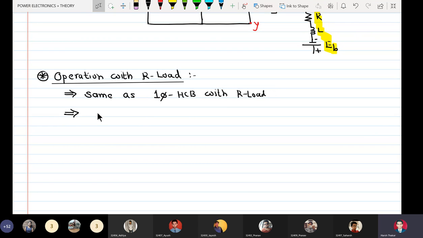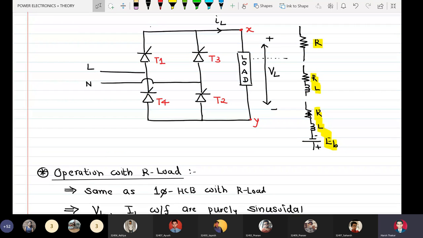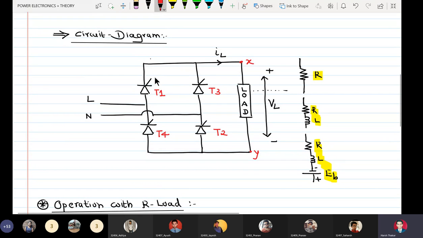Second thing, that VL, IL waveforms are purely sinusoidal, and as we know that in any bridge configuration, diagonally opposite devices conduct by default. So one thing we have to mention here is the firing angles. T1 and T2 will be fired at alpha, and T3 and T4 will be fired at alpha.